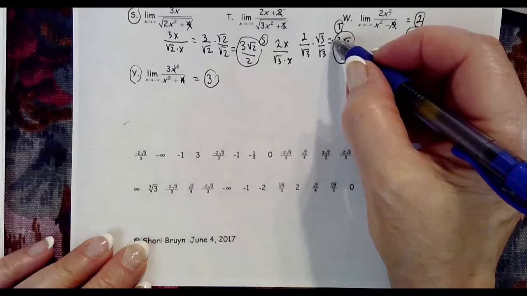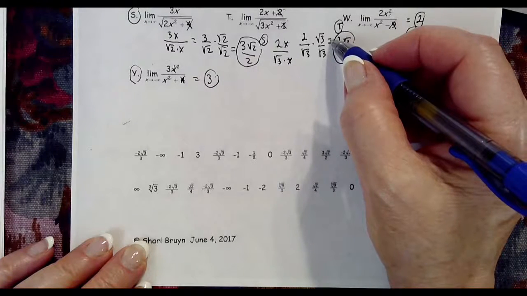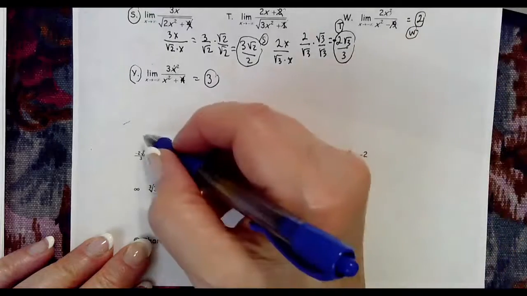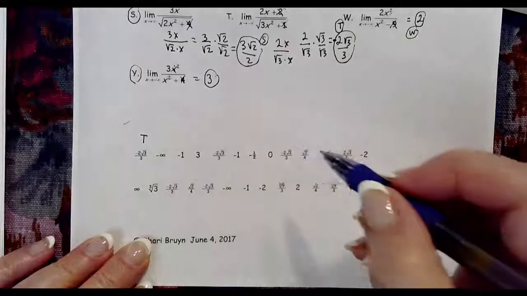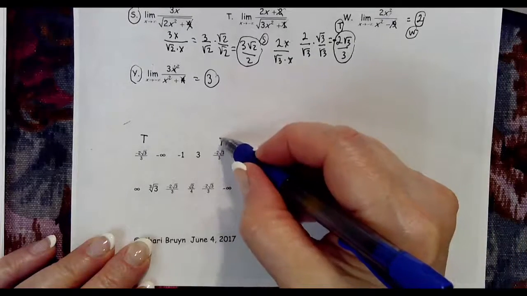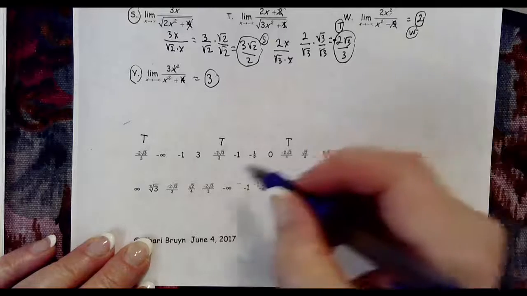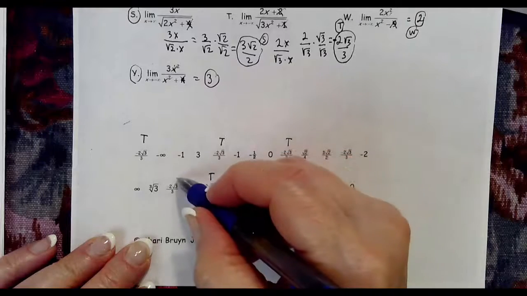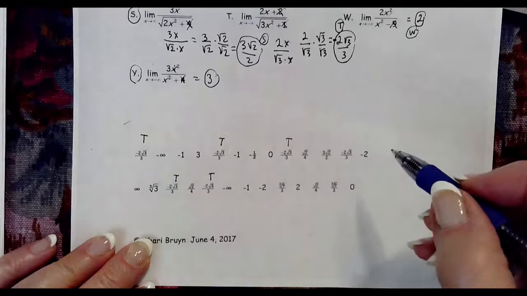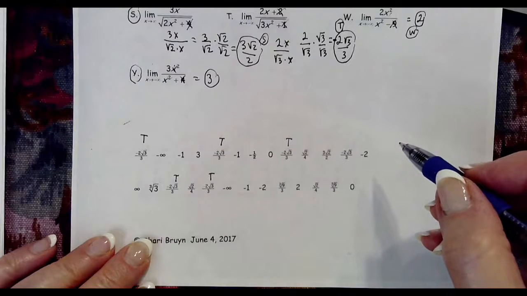So the negative 2 square roots of 3 over 3 is going to be T. Is there any other ones that's that one? Okay, it looks like a T here and a T here. That looks like all the T's.